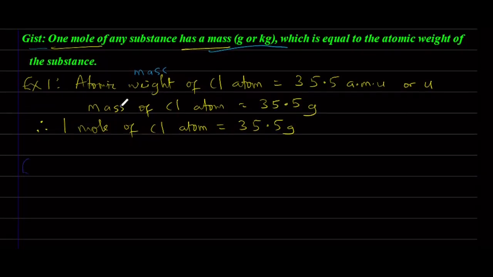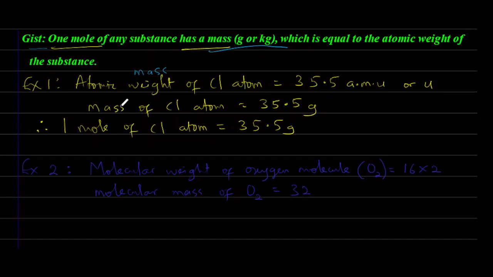We say example 2. Let's talk about molecule. The molecular weight of oxygen molecule. Oxygen molecule is twice oxygen atom, O2. The molecular weight is going to be 16 times 2. If this is the molecular weight, then we can say that the molecular mass, which is the same as the molecular weight, of oxygen molecule, which is O2, is also 32 in gram.